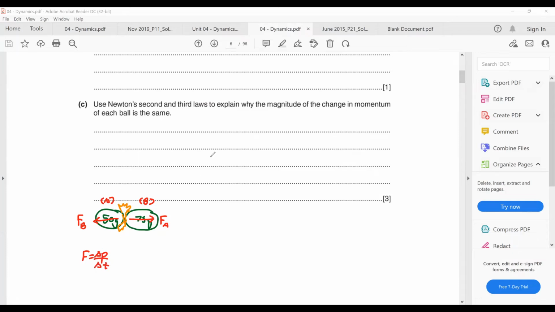Now from Newton's third law, FA is equal and opposite to FB.